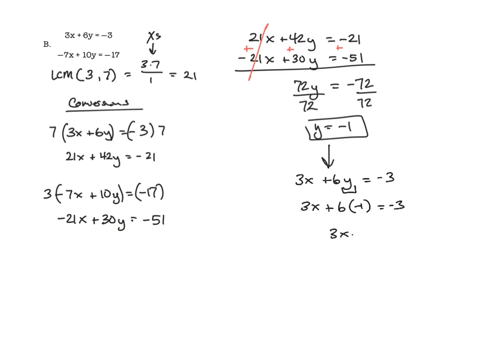So I get 3x minus 6 equals negative 3, add 6. Notice that we're using this addition of opposites constantly, so 3x equals negative 3 and 6 makes 3, divide by 3, x equals 1. Final solution, where these two lines intersect, is at the point 1, negative 1.